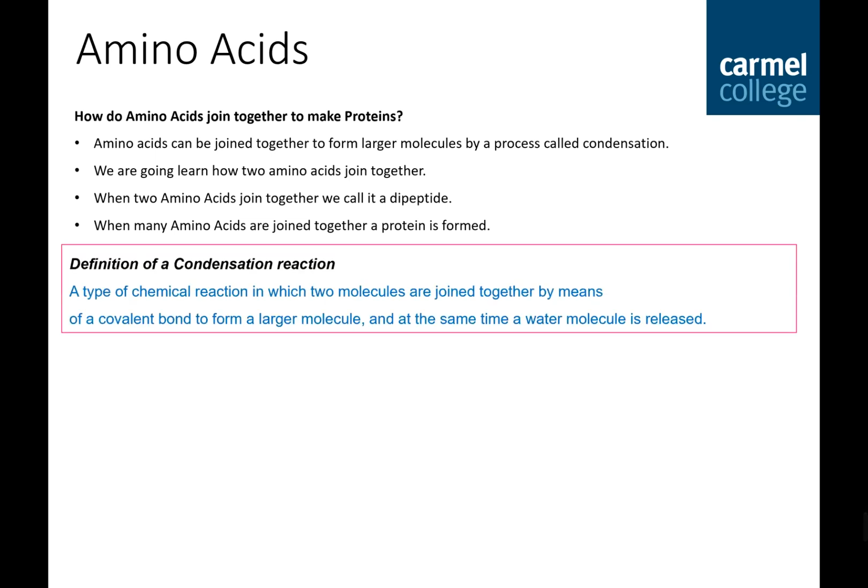A condensation reaction is the name given to the reaction which joins two amino acids together. The reaction always produces a water molecule and a covalent bond which links the two smaller molecules together to form one larger molecule.